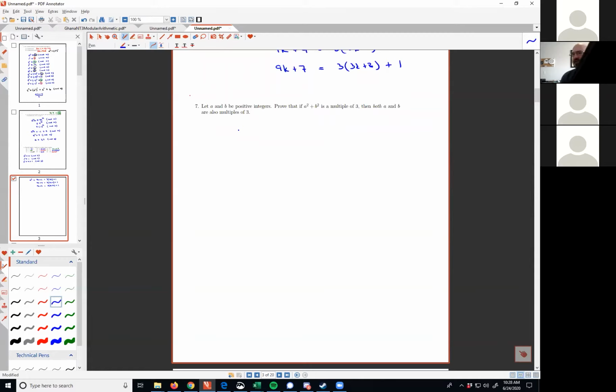What do we know about the squares of integers modulo 3? If they are multiples of 3, they have a residue of 0. True.